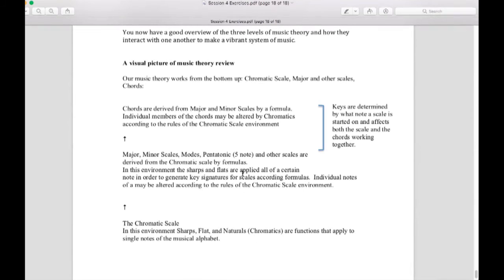Although if you want to change a note, like we changed the 3rd of a chord, we use the chromatic scale to that sharp. Chords are derived from the minor scales by formula, and the chords can be altered by chromatics.